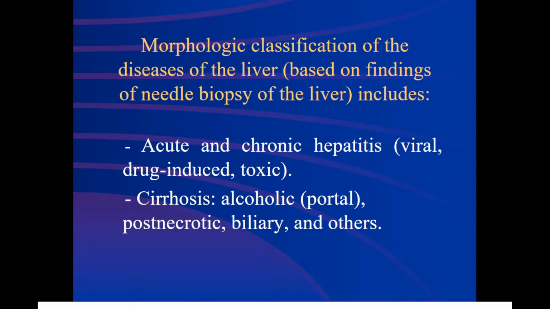Morphological classification of the diseases of the liver based on findings of needle biopsy of the liver includes two main types, hepatitis and cirrhosis. Acute and chronic hepatitis exist, and cirrhosis is not always chronic. Main causes of hepatitis are viruses, drug-induced, and toxic, and cirrhosis may be alcoholic, postnecrotic, biliary, and others.